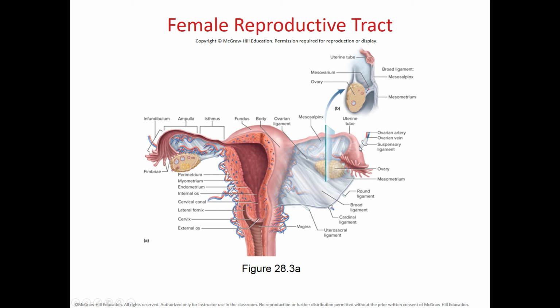So here is the suspensory ligament holding the ovaries to the lateral posterior wall of the pelvic cavity, bringing the ovarian veins and the lymphatics and the nerves into the medulla of the ovaries. And then the mesovarium will be the part of this broad ligament that protects the ovaries.